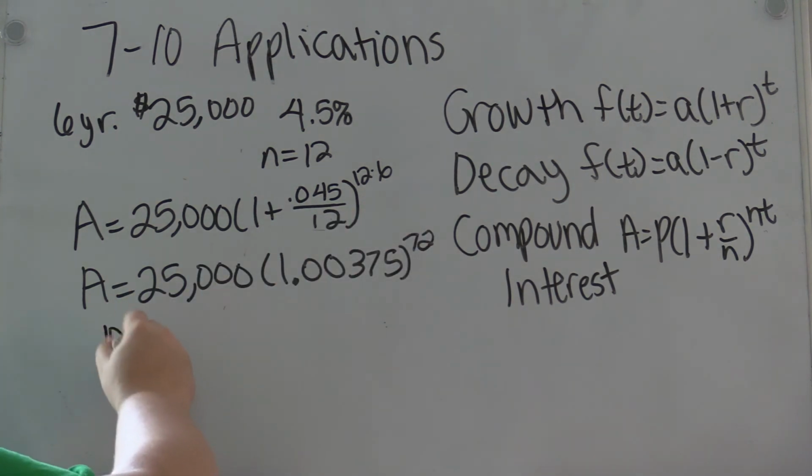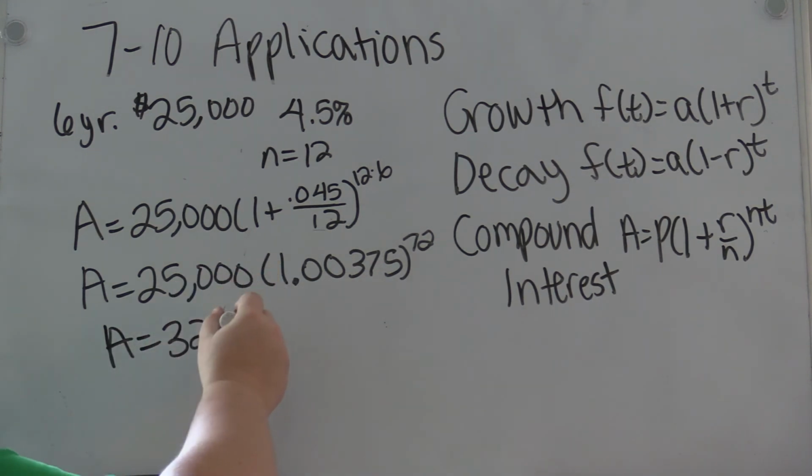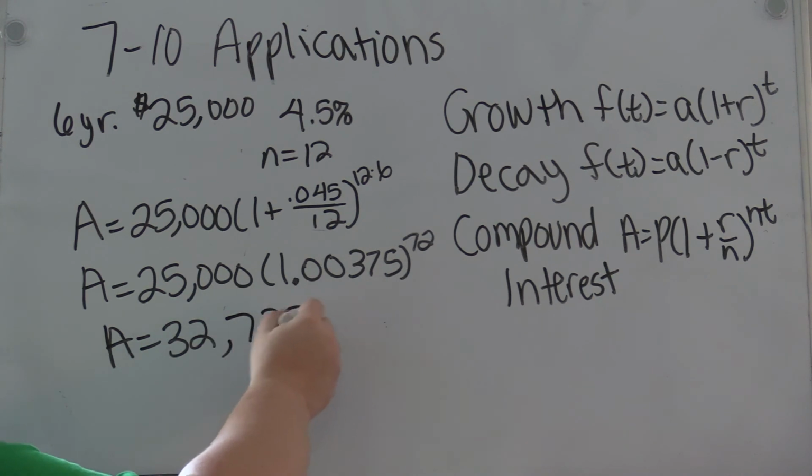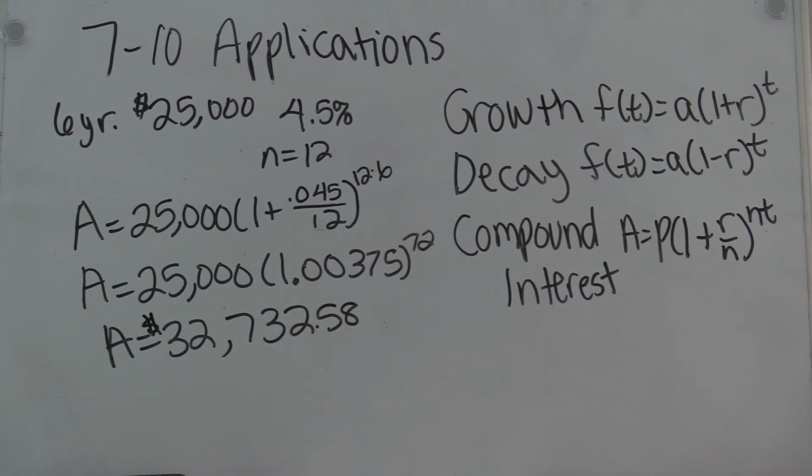So A will equal $32,732.58, which means here, because he took out a loan, he's going to have to pay more than $7,700 more for the boat because he had to finance it and pay interest. So that's not always a good deal.